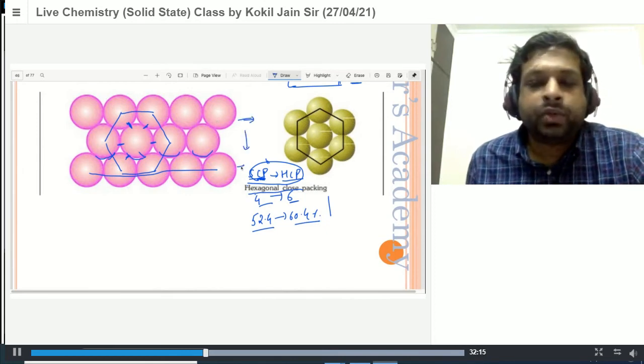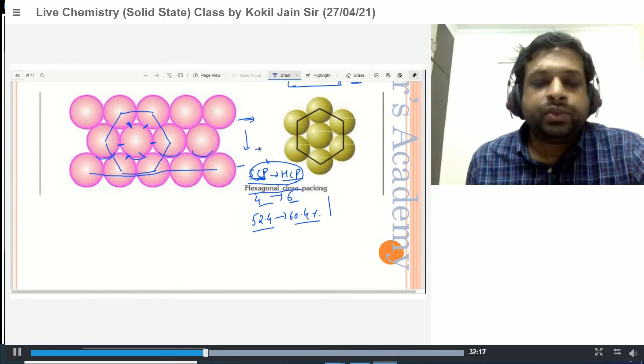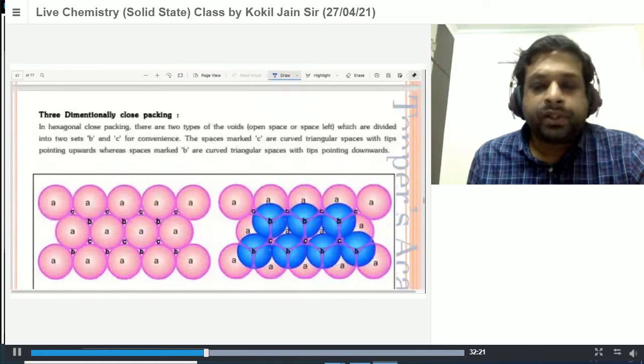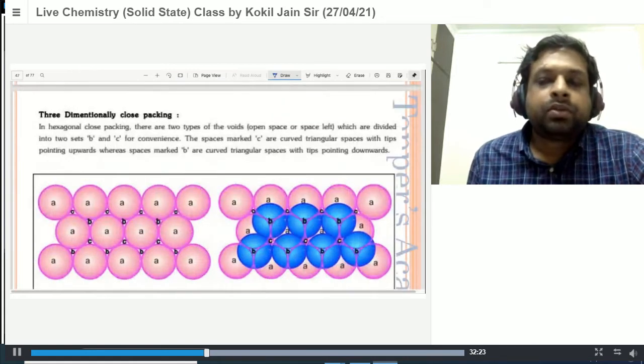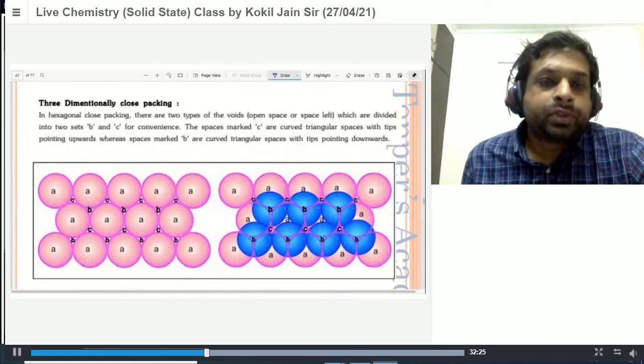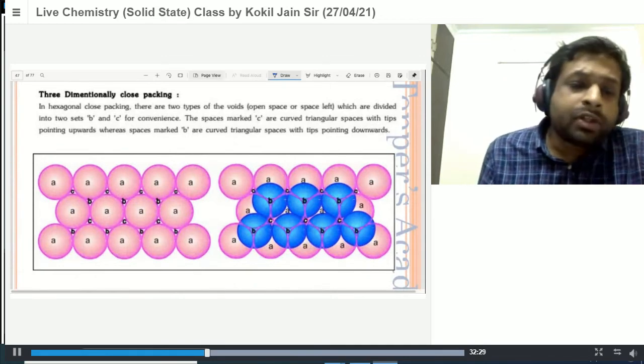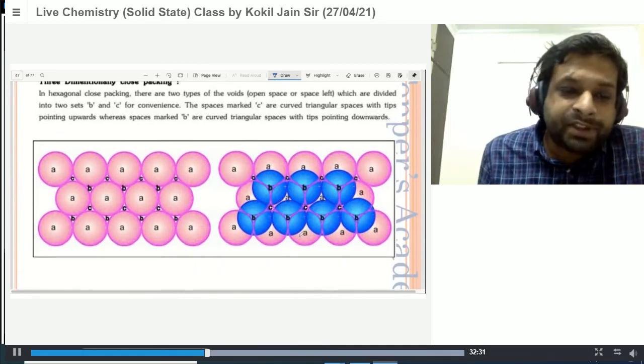Now we are going to try the two-dimensional close packing, then the three-dimensional. Why are we calling it two-dimensional? Let's see. The arrangement of this three-dimensional packing is different. In SCP type arrangement, they are going to be the same above it.